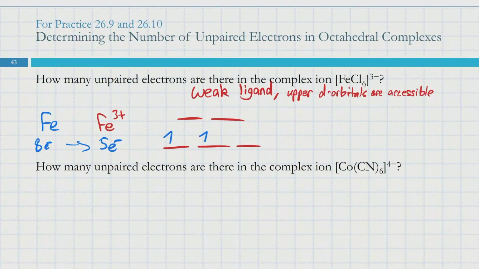We put our first 3 in unpaired. Since we've got access to the upper energy levels, we can also put unpaired electrons into those upper orbitals. And so we have 5 unpaired electrons.